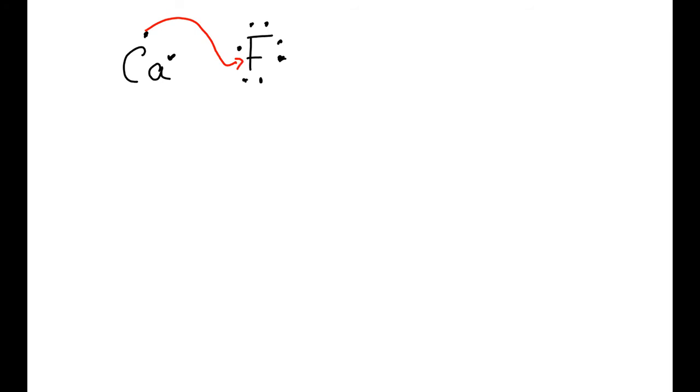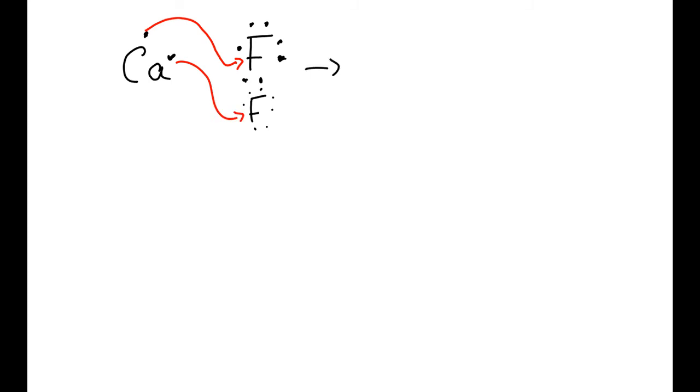But the problem here, calcium still has an electron. So what do I need? A second fluorine. You can do this two ways: you can just draw another fluorine or put a 2 in front of it. So you need 2 fluorines.